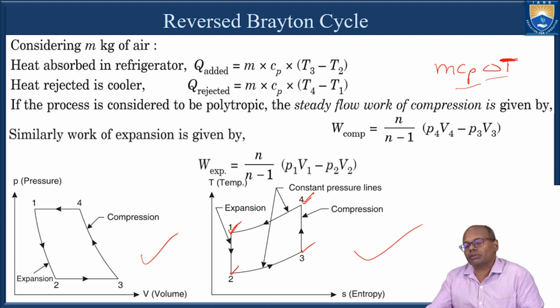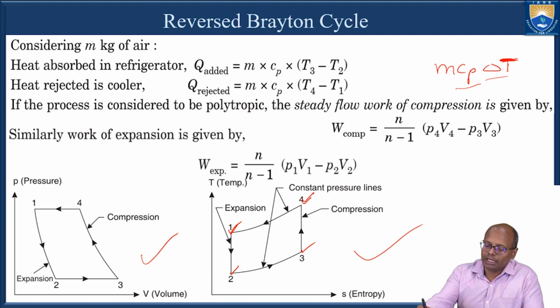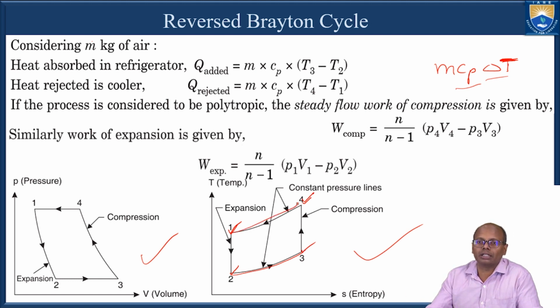So if heat is absorbed by the body, the temperature of the body increases. If heat is rejected by the body, the temperature of the body goes down. So this is the heat absorption process in the refrigerator, and this is the heat rejection process in the heat exchanger, or here it can be called a cooler.